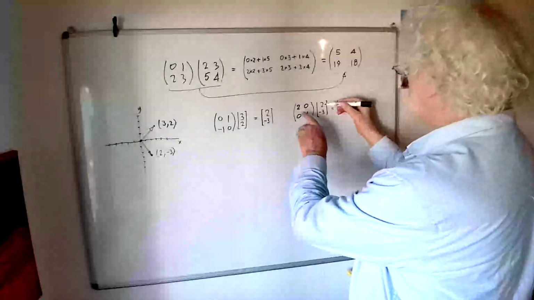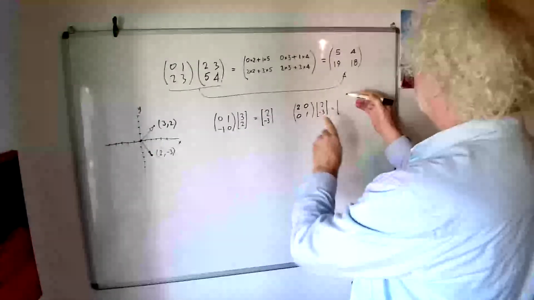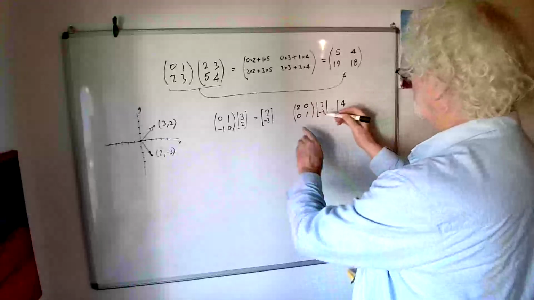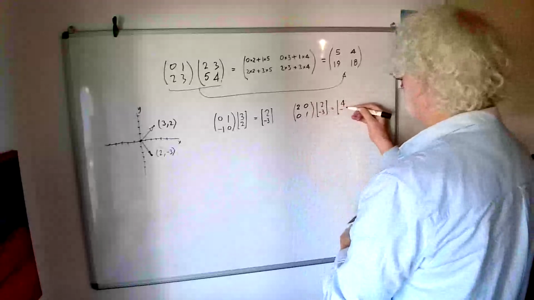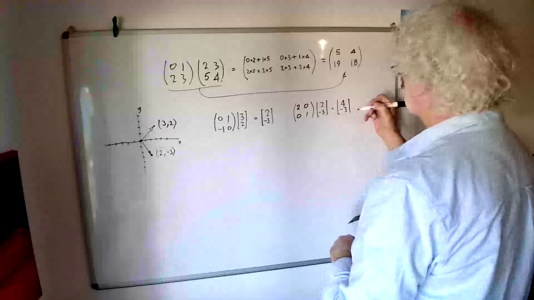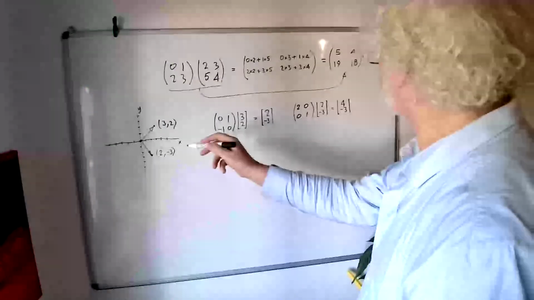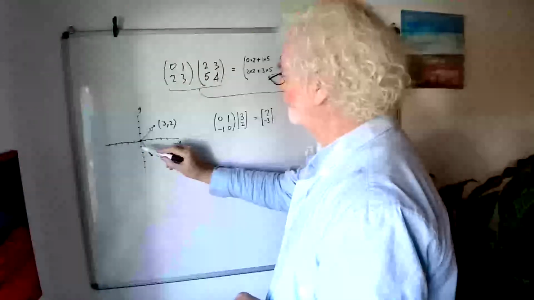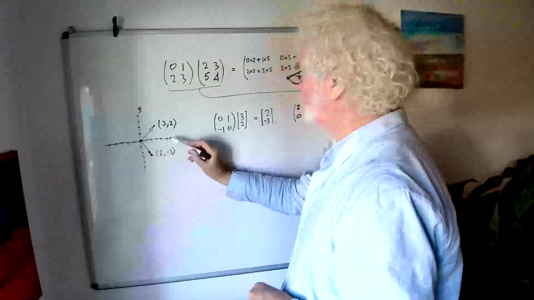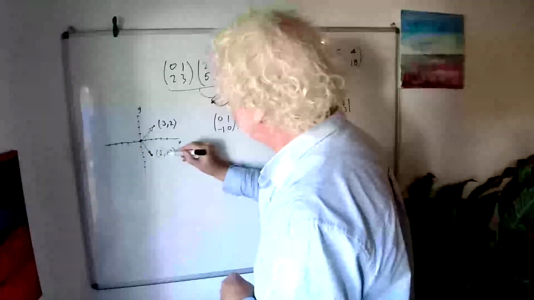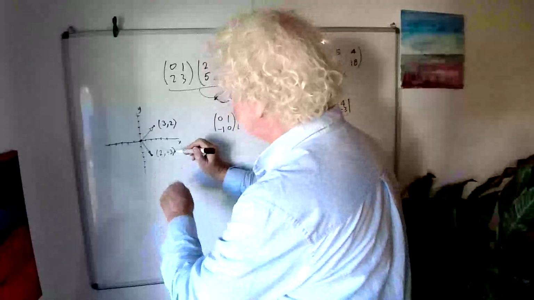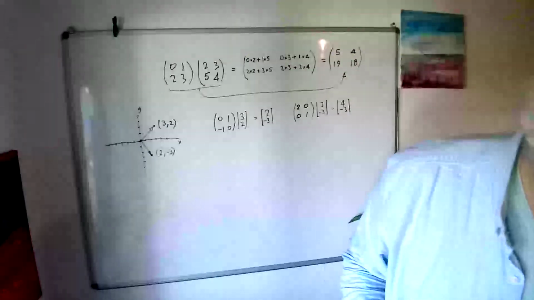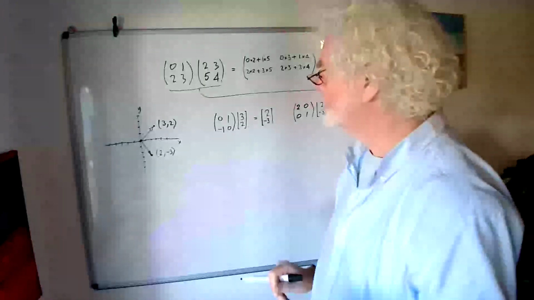So the new vector here is 4 and minus 3. So over here, this is 4 out and minus 3 down. So it's actually here, where this is in the way now.